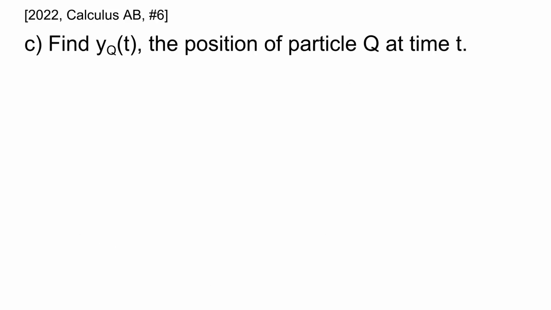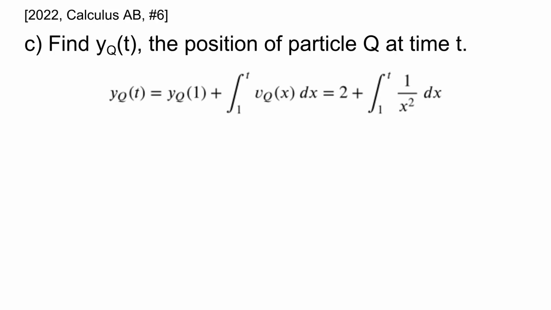In part C of this question, we are asked to find the function y sub q of t, which is the position of particle q at time t. The function y sub q of t can be found using the fundamental theorem of calculus. Y sub q of t is going to be y sub q of 1 plus the integral from 1 to t of v sub q of x dx, which is 2 plus the integral from 1 to t of 1 over x squared dx.